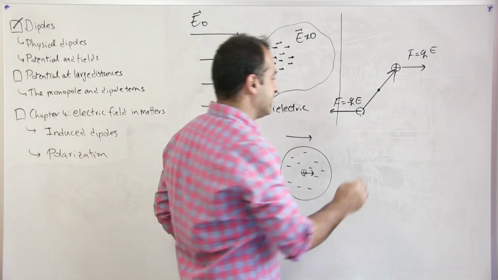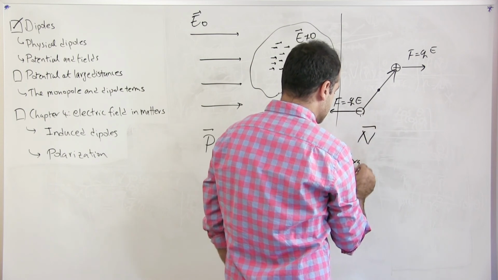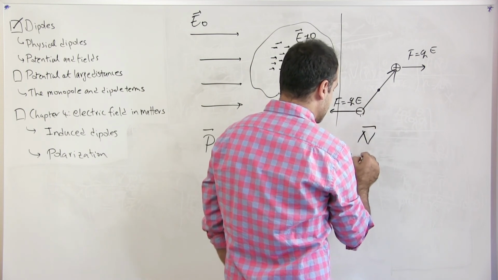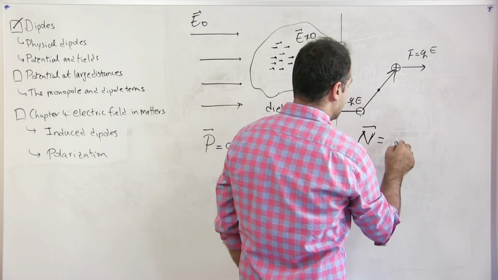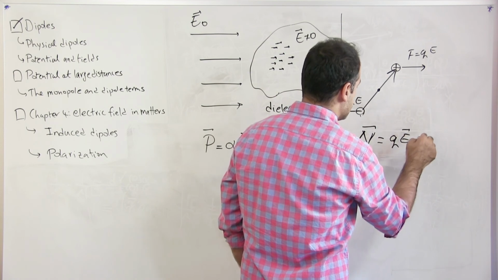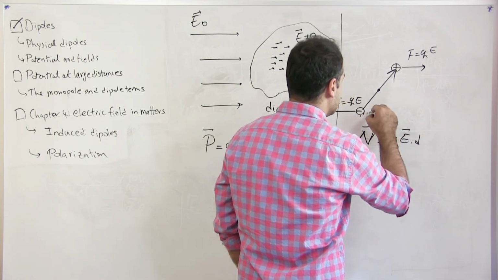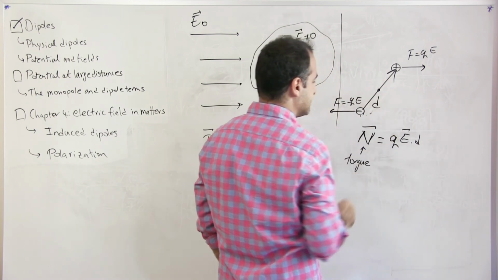Okay, and if you calculate the torque that this electric field is exerting on the dipole, it is Q times E times D, if D is the distance.